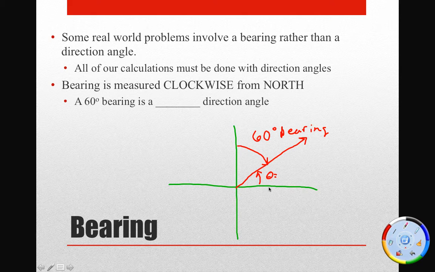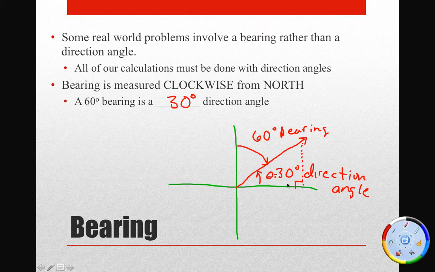Because we're sitting in a 90-degree angle right here, if this is 60, this is a 30-degree direction angle. And we kind of like to keep this pretty consistent. What we usually do is draw triangles like this, and we have a 30-degree angle. We can find height and this. So a 60-degree bearing is a 30-degree direction angle.